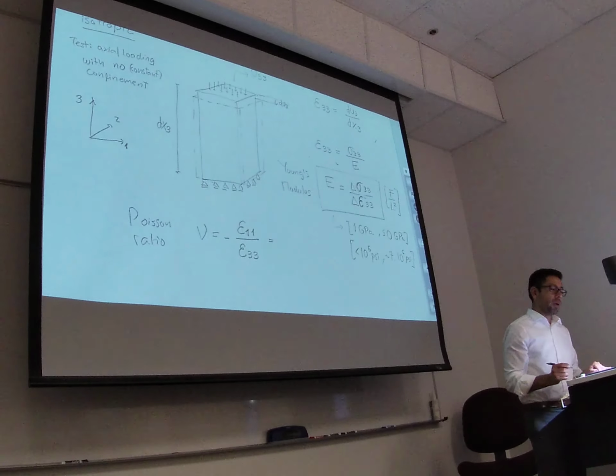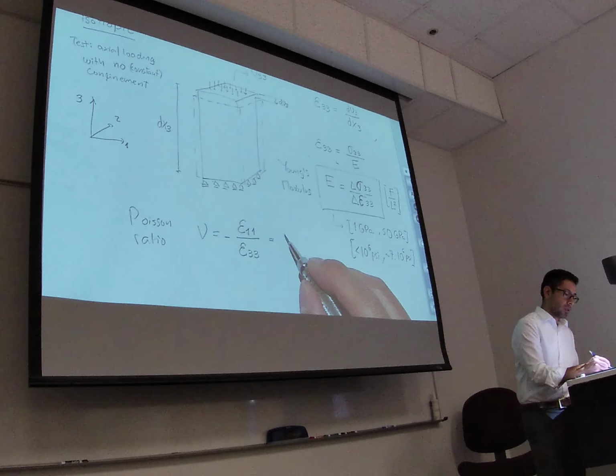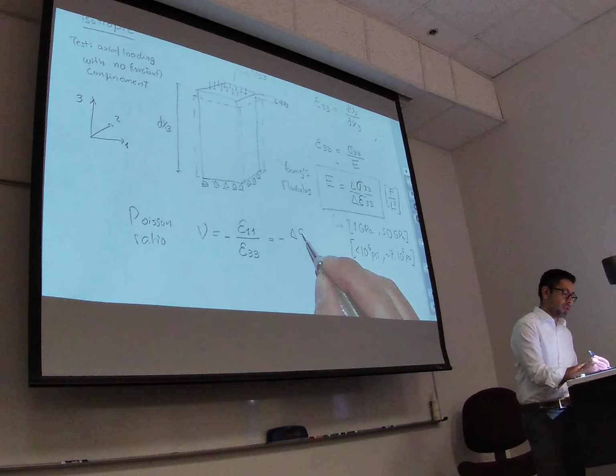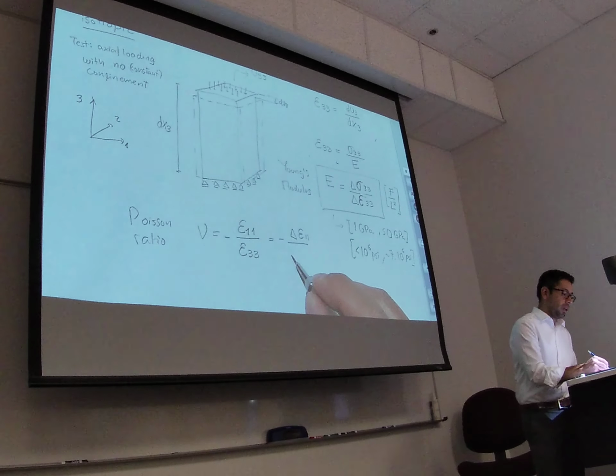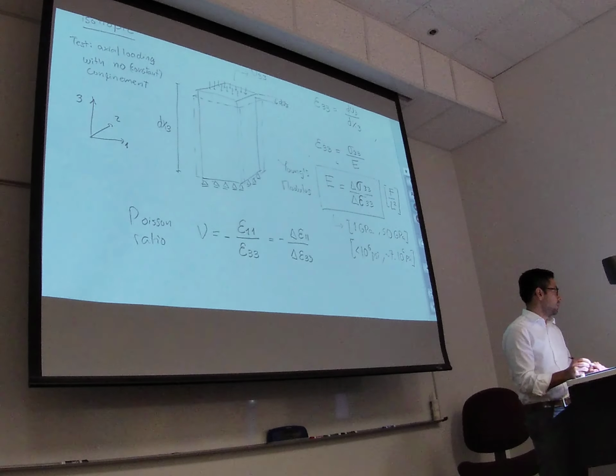And in general, we're going to see that for real rocks, we're going to have to do something similar to what we did over here. We're going to have to deal with changes of strength rather than absolute strength.